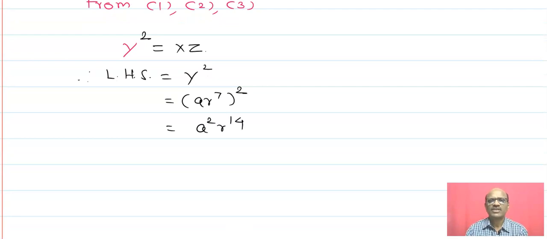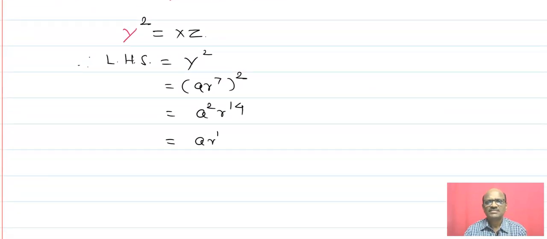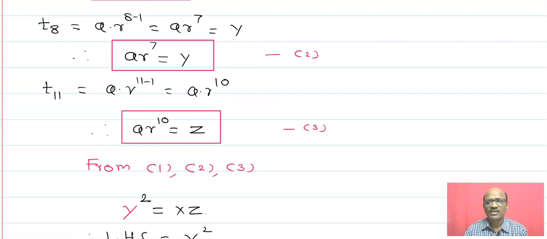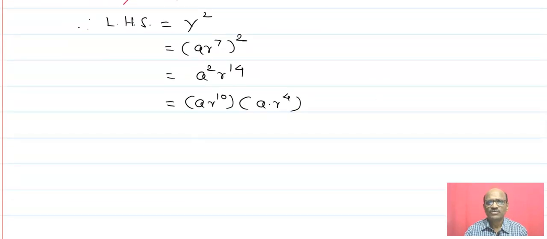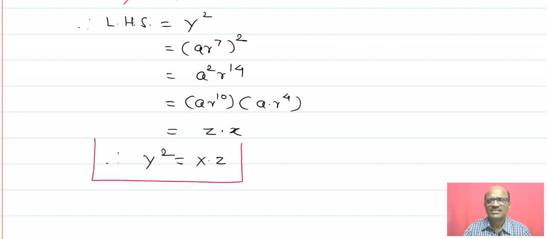LHS, y squared is equal to a into r raised to 7, bracket squared, is equal to a squared r raised to 14, and that is written in this manner: a into r raised to 10 into a into r raised to 4. Therefore, y squared is equal to zx. The value of z is a into r raised to 10 and x is a into r raised to 4. Therefore, y squared is equal to xz.